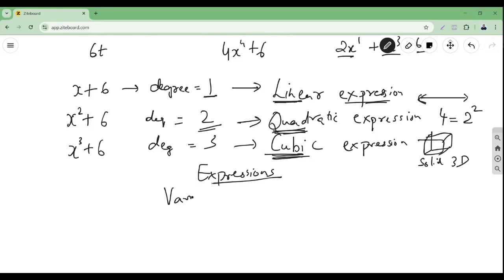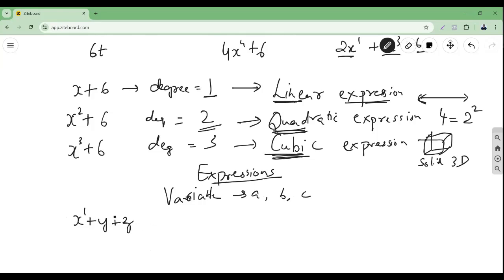Variables means any of these, a, b, c, things like that. Now, if I have an expression which has x plus y plus z, what happens? How many variables are there? Three variables are there, x, y and z.